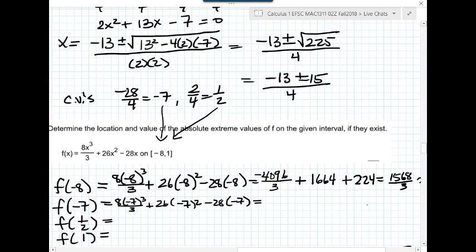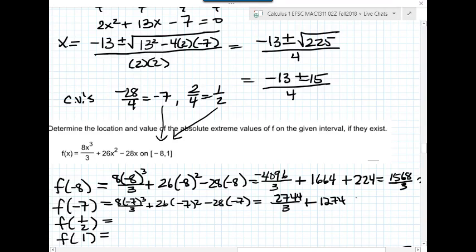So, all right, so we have negative 4,096 thirds plus 1664 plus 224 is, and now I'm going to make it an improper fraction.